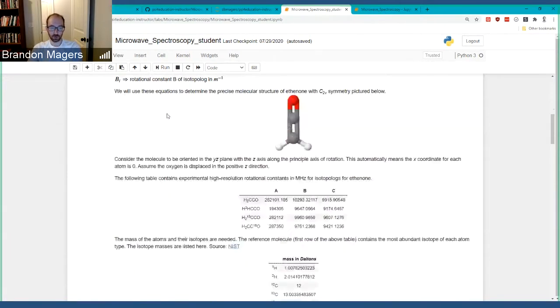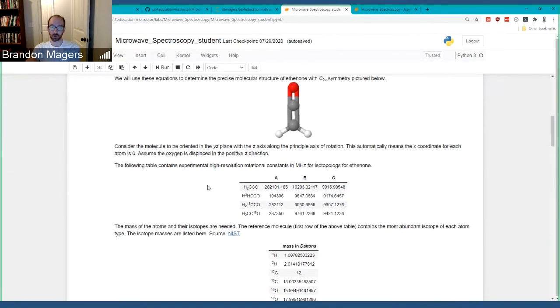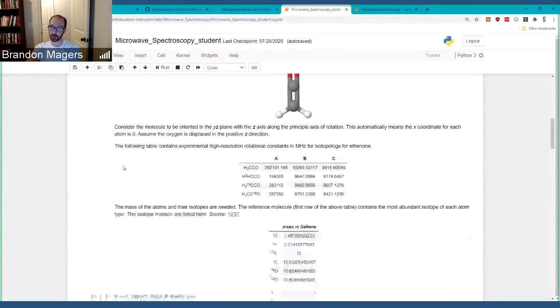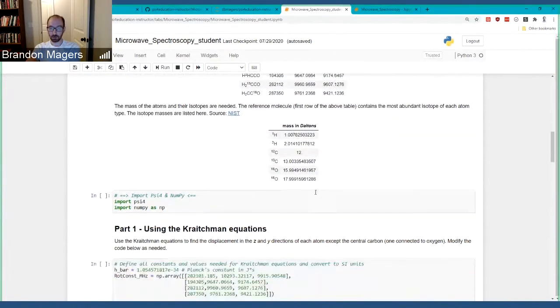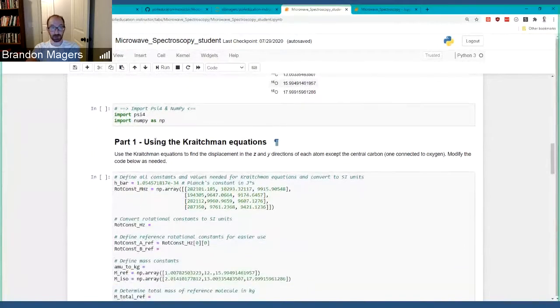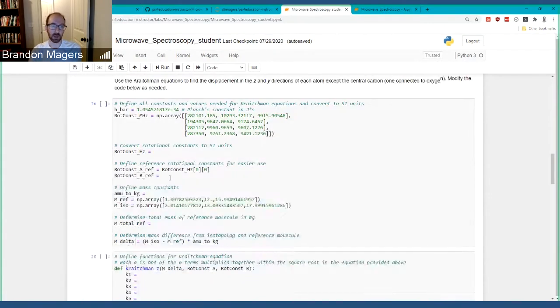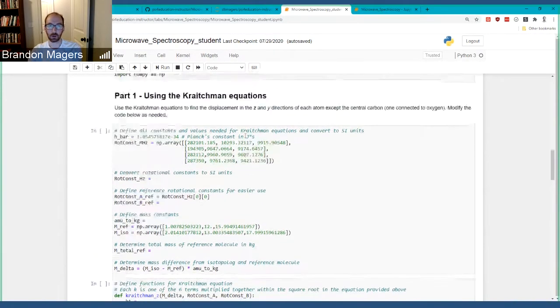We first provide the students with experimental rotational constants, A, B, and C, for different isotopologues of the structure. I give them the masses, but that's something we could definitely make them look up on their own, which is a good way to make them do their own reference lookup. This is the instructor version that I'm showing you, so it has everything filled in already, but the student version has blanks where they have to fill things in.